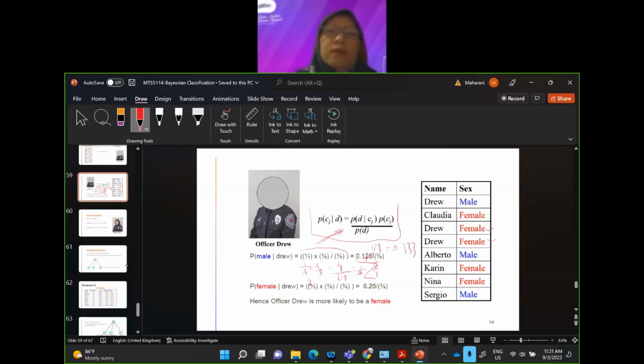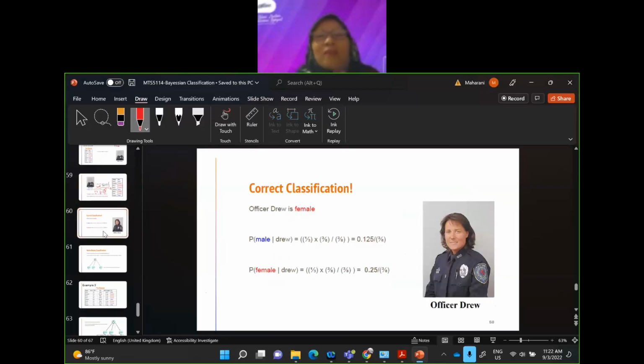How many Drews are there? Three. And then multiplied by the condition of female, 1, 2, 3, 4, 5, so 5/8. Maybe the classification is not female. You can calculate it. Maybe this is wrong.